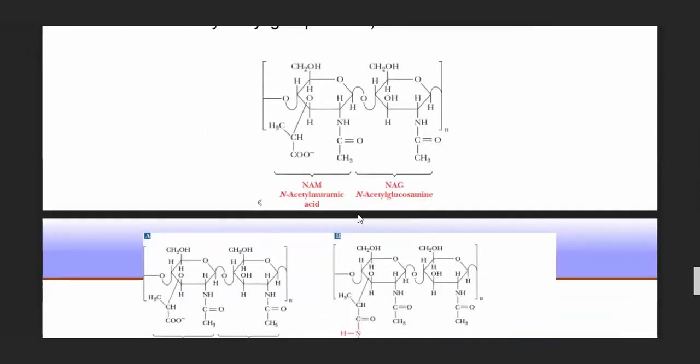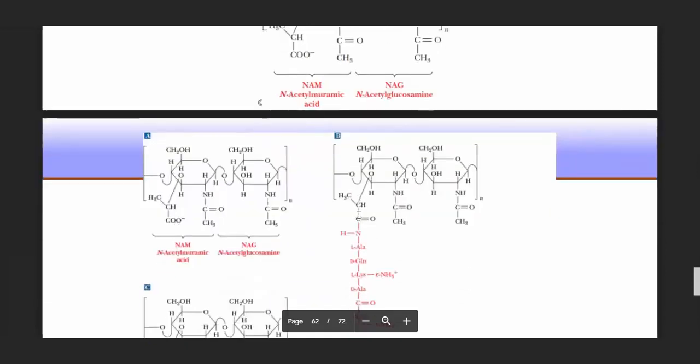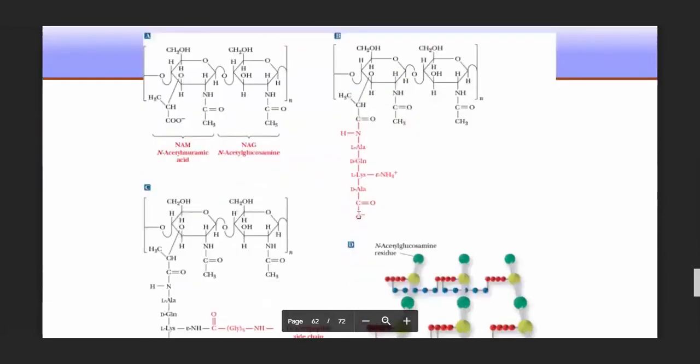As we are going to see in this figure, in the cell wall of the bacterium Staphylococcus aureus, an oligomer of 4 amino acids, a tetramer, is bonded to N-acetylmuramic acid, forming a side chain here.